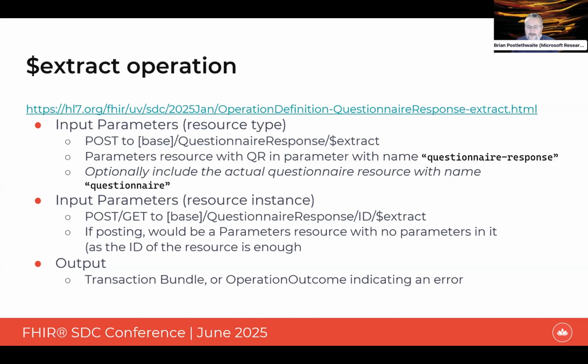But often the case, you run a post or a get to the base questionnaire response ID extract, where you actually know what it is. It's stored there, the questionnaire is stored there, so it can just run directly. And if you're posting, then it's a parameters resource with no parameters in it. The ID is enough. And once again, the output is the transaction bundle or an operation outcome.